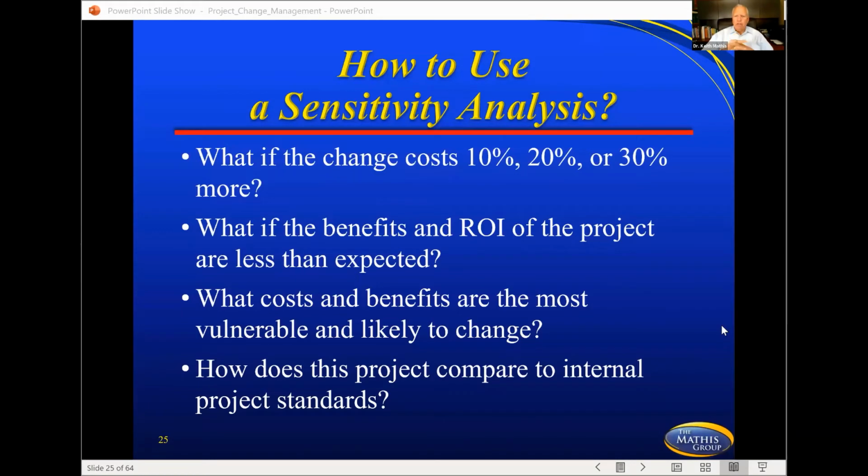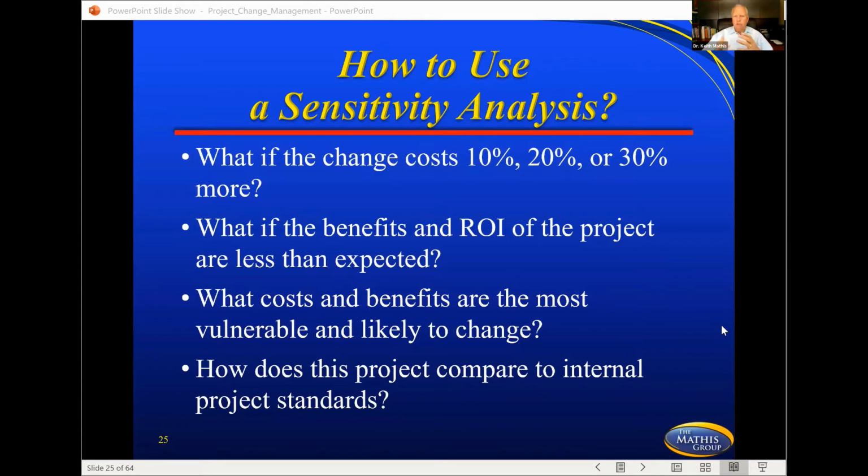Now, one of the other analyses that you might use is a sensitivity analysis. What if the change costs 10%, 20%, or 30% more? What if the benefits and the return on investment of the project are less than expected? What costs and benefits are the most vulnerable or likely to change? And how does this project compare to internal project standards?